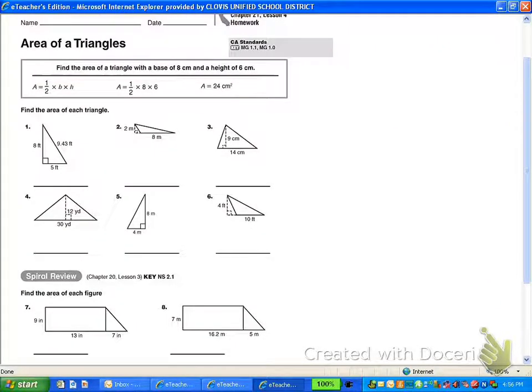Here's a couple of their homework problems. Number 2, we have 2 and 8. So the base is 8, the height is 2. So 2 ways we can do it is we can do half of the base.